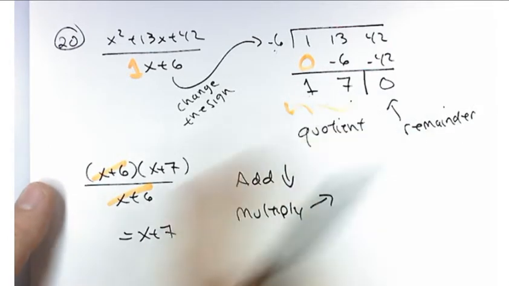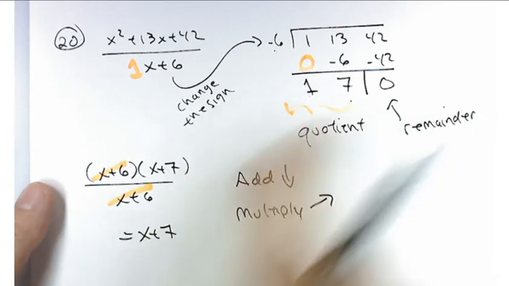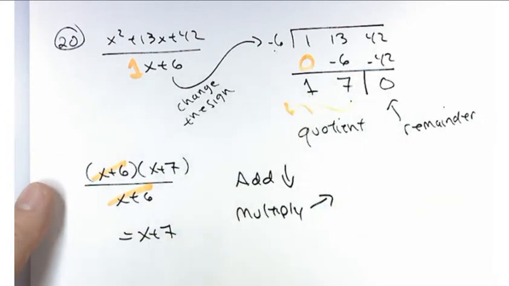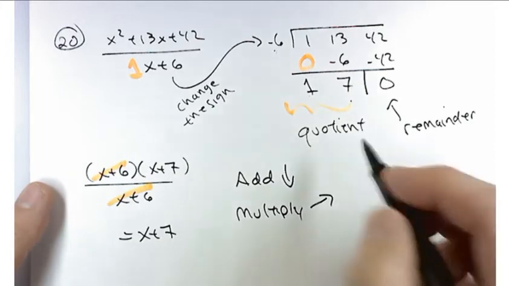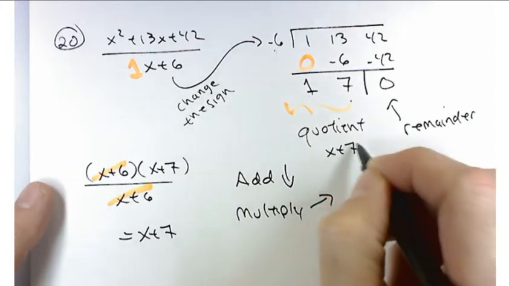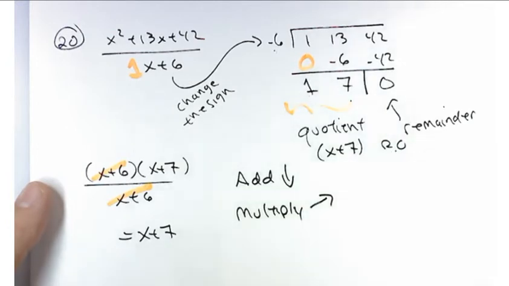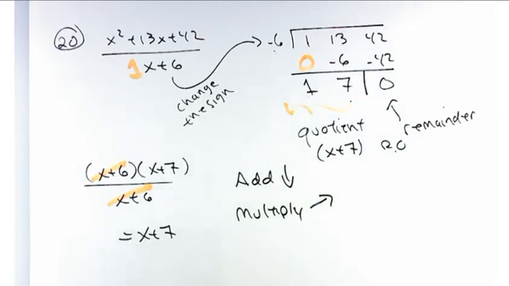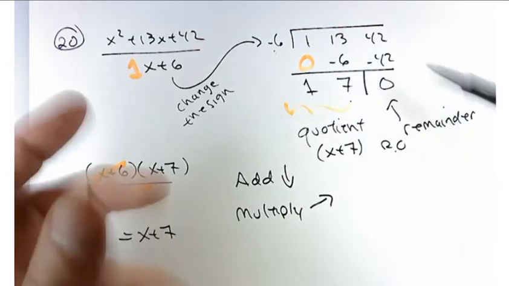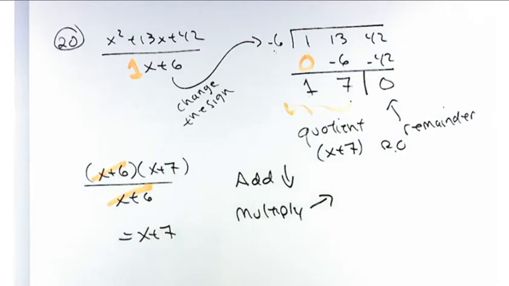And these are just the coefficients of your polynomial, right? There's your 7. 1 is the coefficient of x. So this really represents x plus 7, remainder 0. So nice. Now, it wasn't a huge savings of work in this particular problem, but overall it's a lot faster and a lot more efficient.